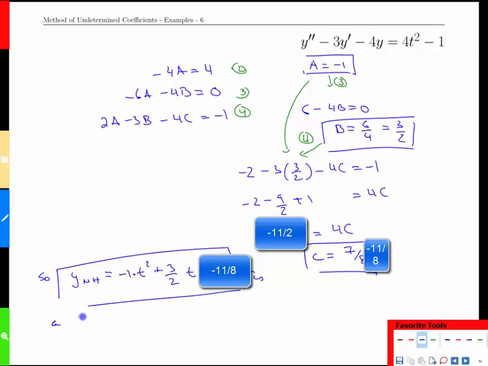That is a solution to the differential equation y double prime minus 3y prime minus 4y equals t squared minus 1. And again, that careful balance has been achieved where the derivatives of these terms all cancel out as necessary, so there's no t's when we're done, but there's still 1 t squared and a negative 1 when we work all the details out.